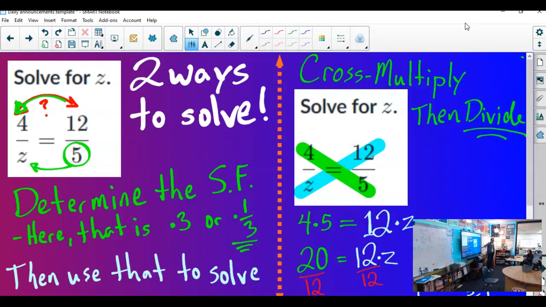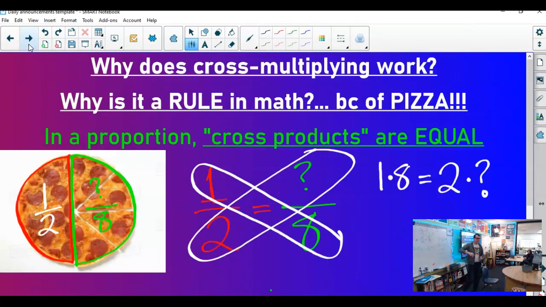Why does cross multiplication work? Obviously, pizza. Here's what I mean. Why is cross multiplication a rule in math? Well, if Miss Martin and I order a pizza, and I get half of it, but Miss Martin's like, Mr. Hudson, you're just going to eat that whole, I'm just going to fold it up like a taco and just eat my half a pizza. Yes.